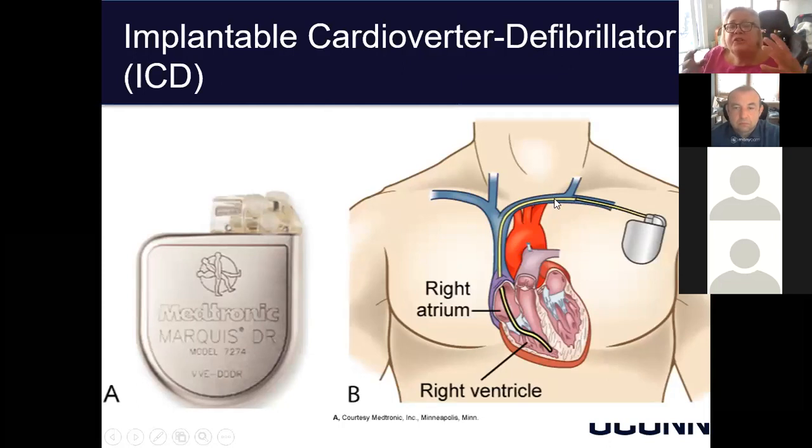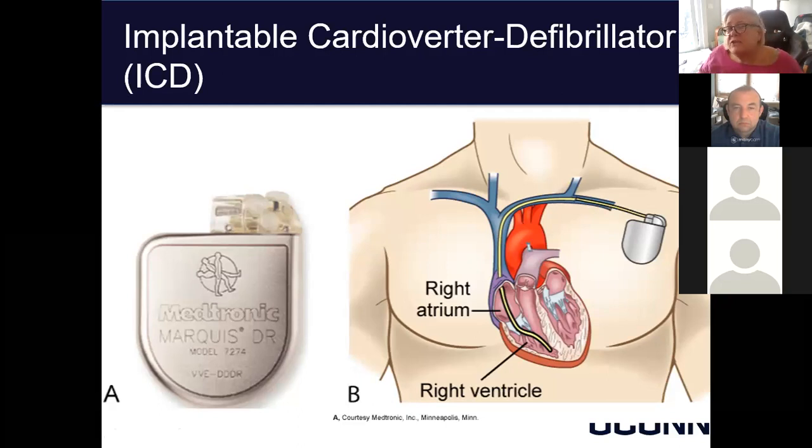Nowadays, we have internal defibrillators. So for patients who have chronic ventricular tachycardia, in particular, some patients who have heart failure, that is a criteria for an internal defibrillator being placed.